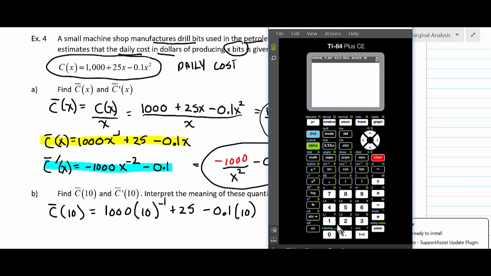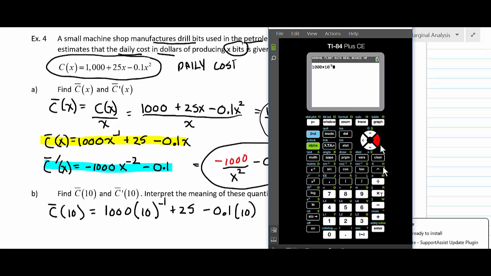Okay, so if I do that, I'm going to have 1,000 times 10 to the negative 1. 10 to the negative 1 is 1/10. You can type in 1,000 and then times 10, then use that negative 1 power key, or you can use the caret key, the exponent, negative 1, if you want to.